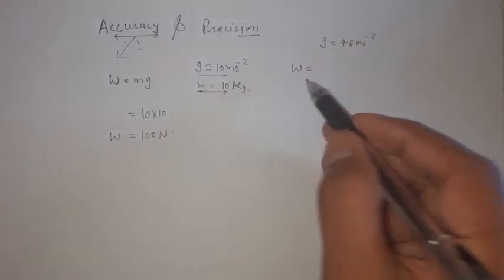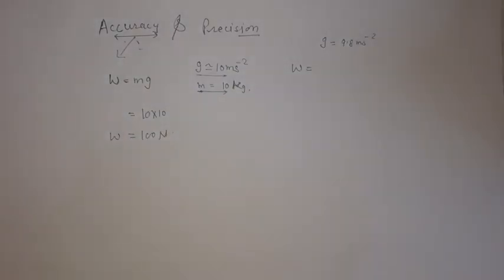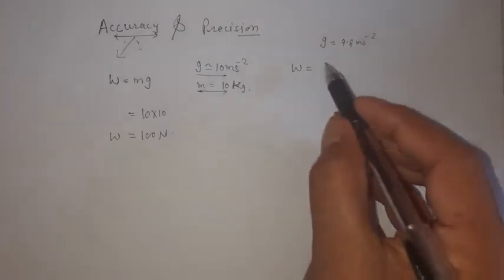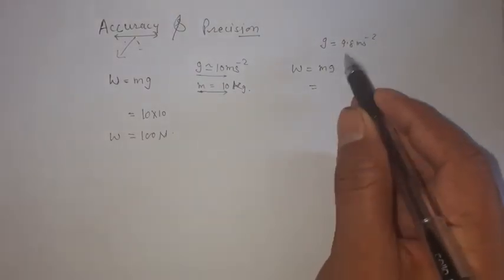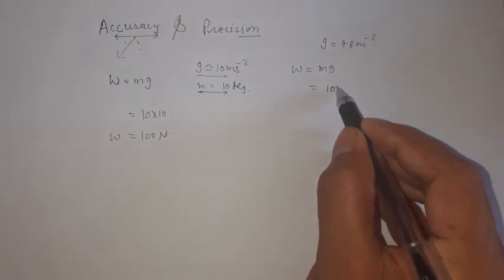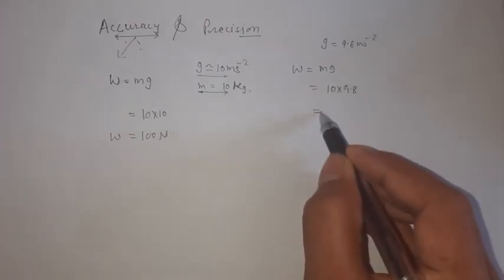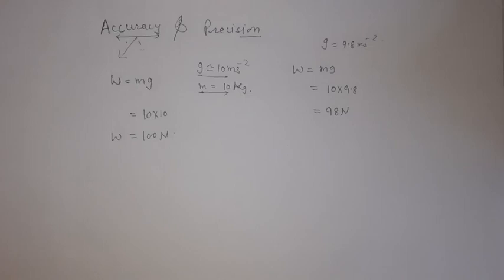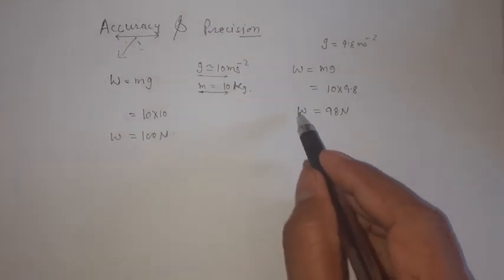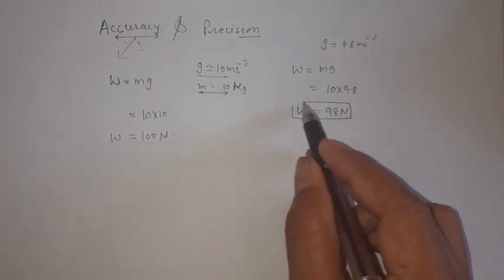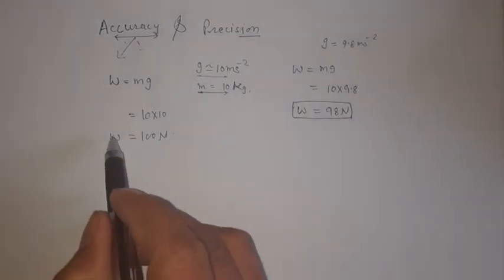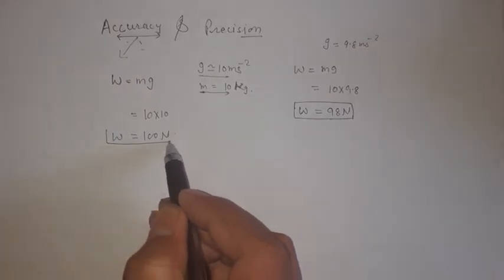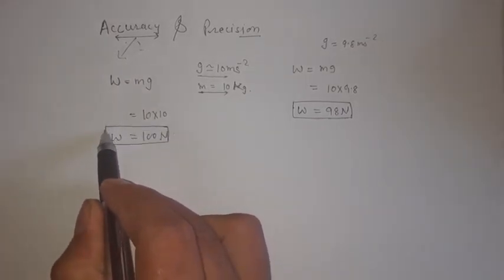While we were checking some of the answers of the questions, there we get that the answer for the same will be 10 into 9.8, and this is 98 newton. So we observed that the answer written at the back of the exercise was 98 newton, and what we calculated was 100 newton.